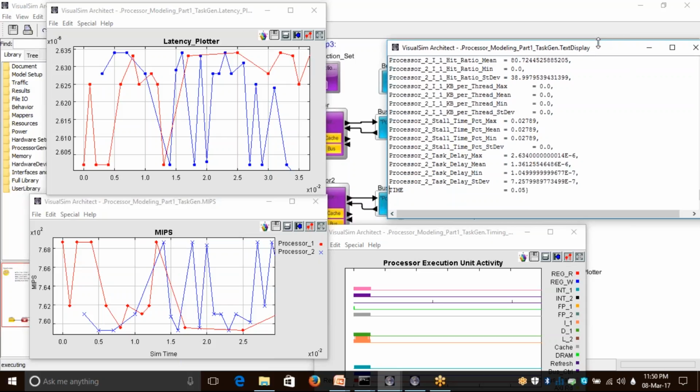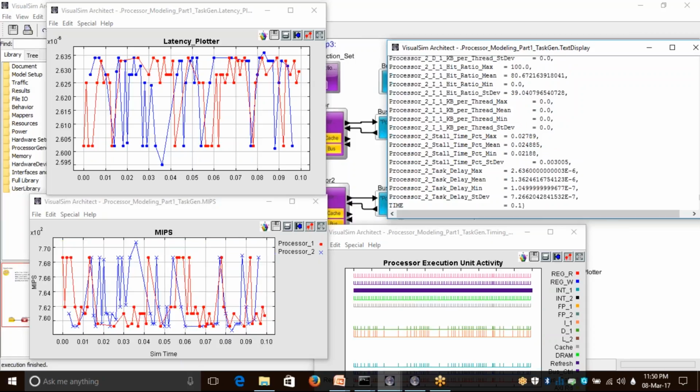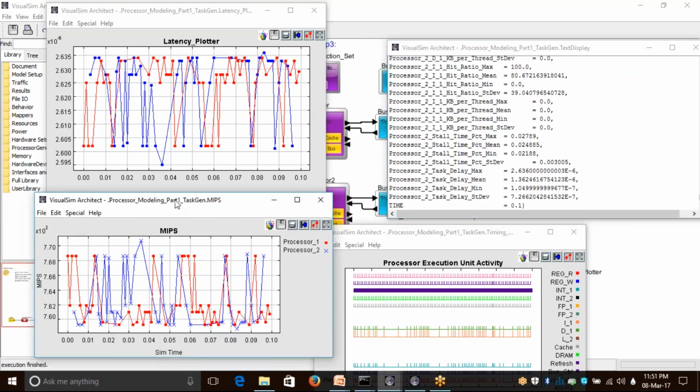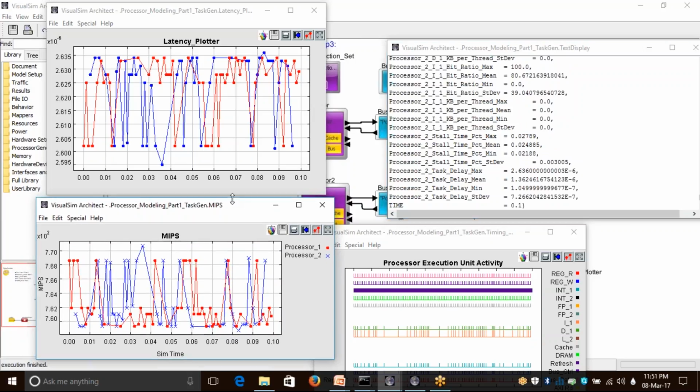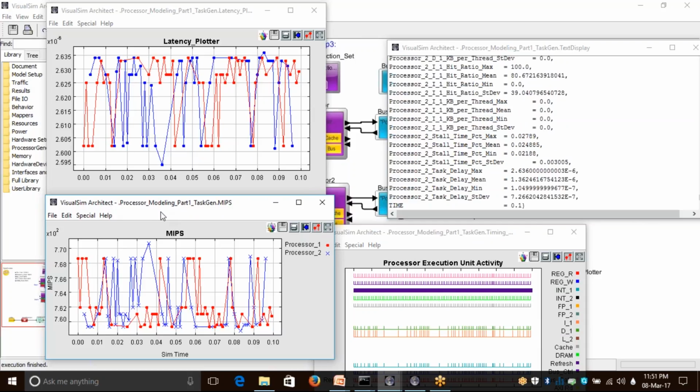You must be able to capture the memory access timing information as early as possible. That way you can optimize or modify your memory subsystem, or upgrade your memory management units and things like that as well.